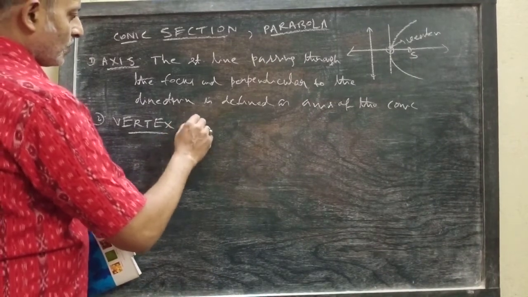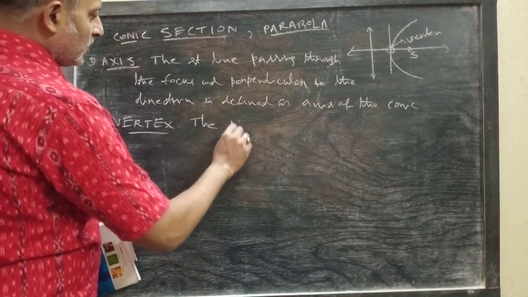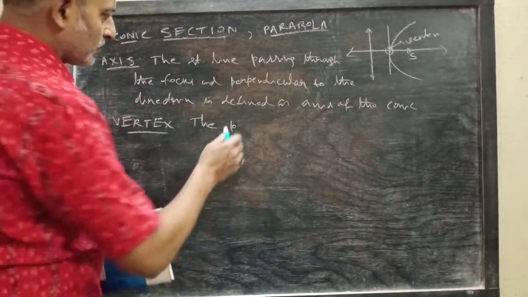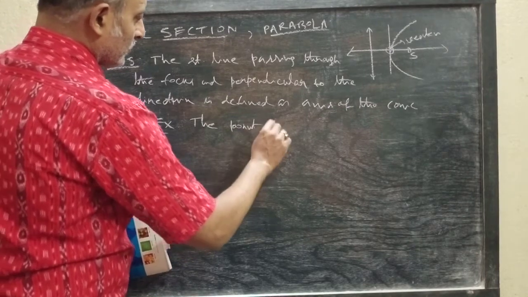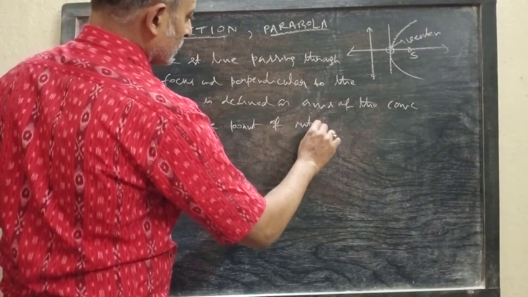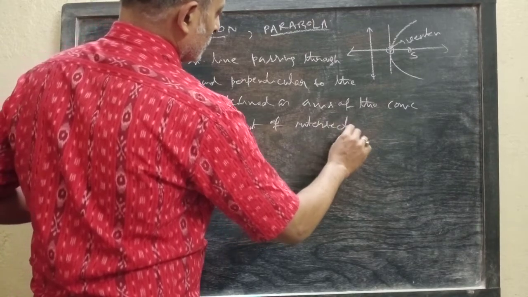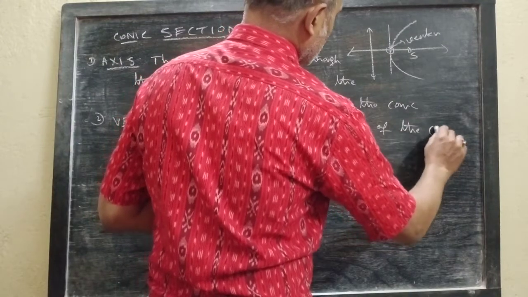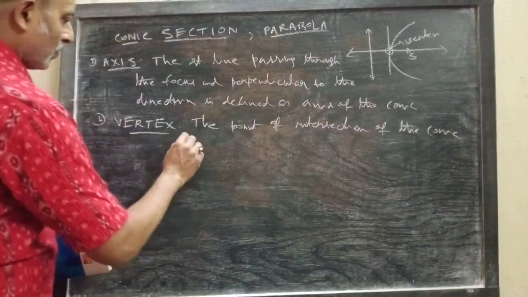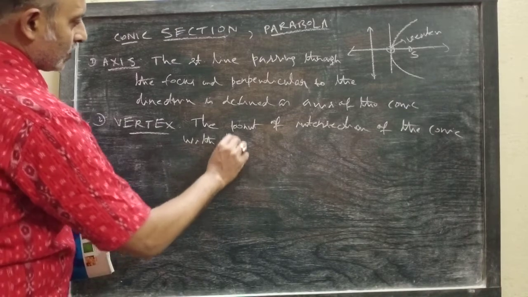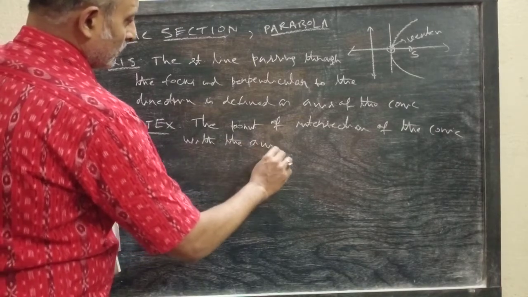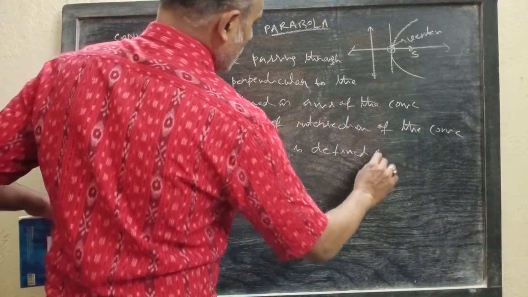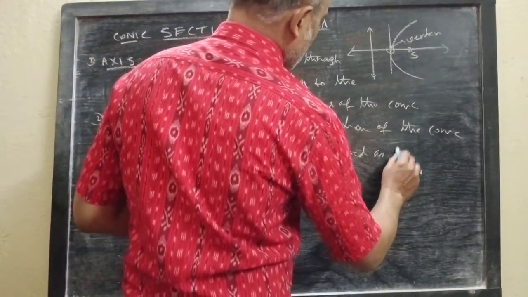The point of intersection of the conic with the axis is defined as the vertex.